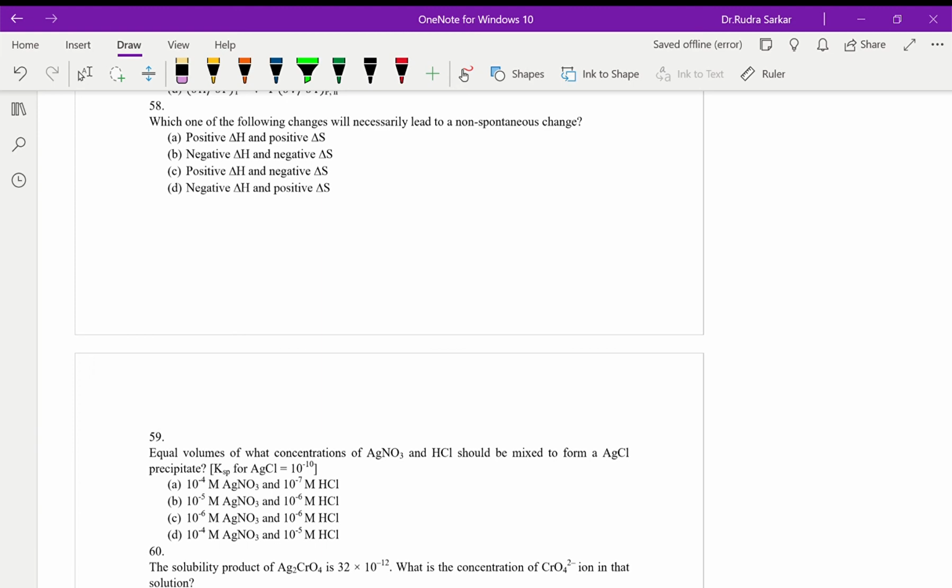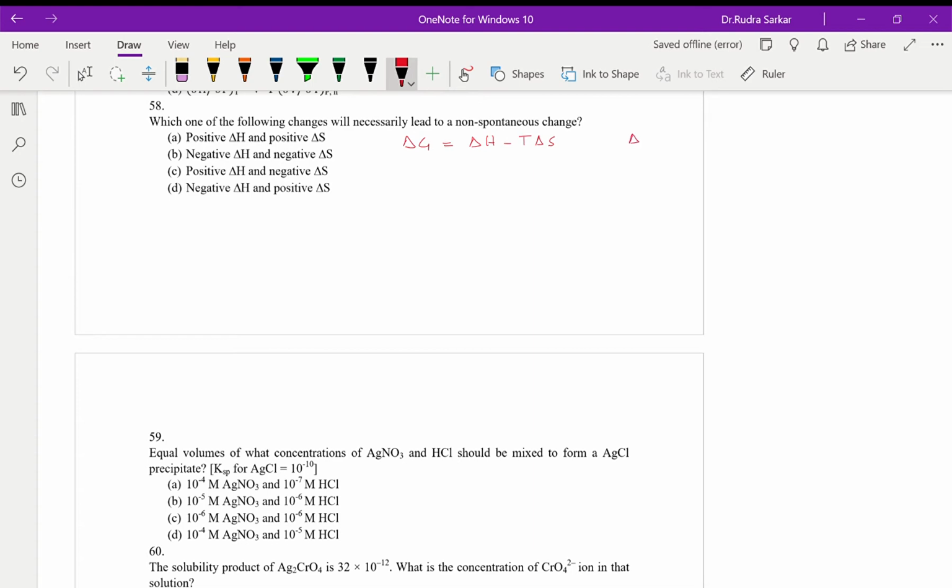Okay, in this question 58, which one of the following changes will necessarily lead to a non-spontaneous change? So we know that delta G is given by delta H minus T delta S, where delta S is entropy, delta G is free energy, and delta H is enthalpy.